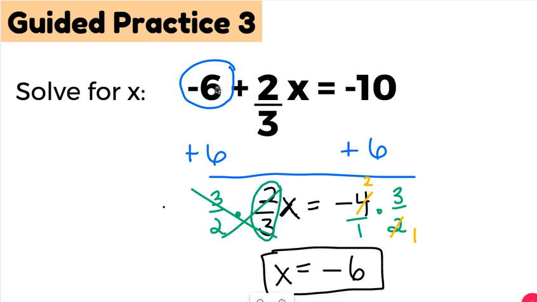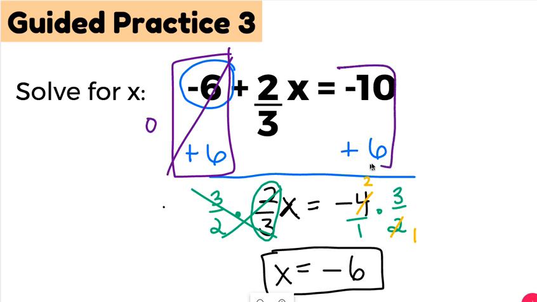Remember, we undo addition first. So this piece right here is going to become 0. Negative 10 plus 6 is where we got negative 4 here. Remember, our coefficient is 2/3. To eliminate that, we need to multiply by the reciprocal on each side, right?